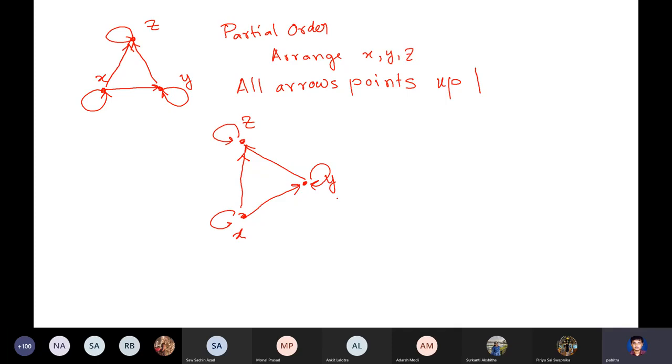Okay, so if I adopt this convention that all arrows point up, I can actually drop the arrows and replace them by lines. So I can just represent them this way.